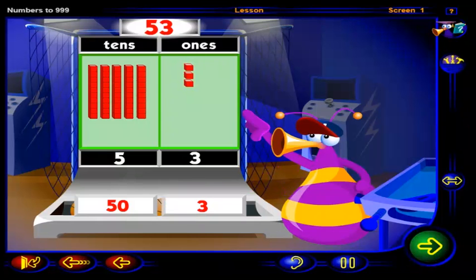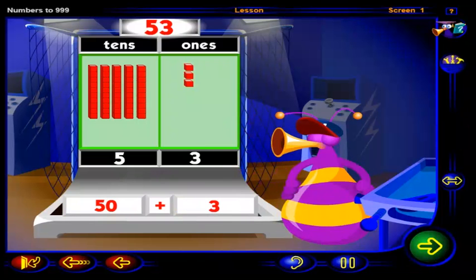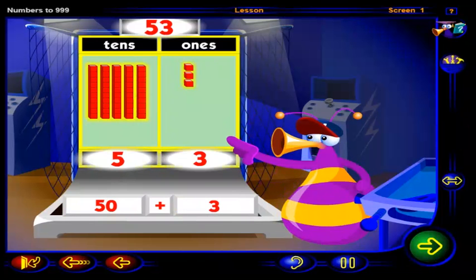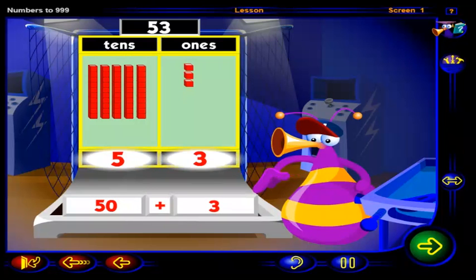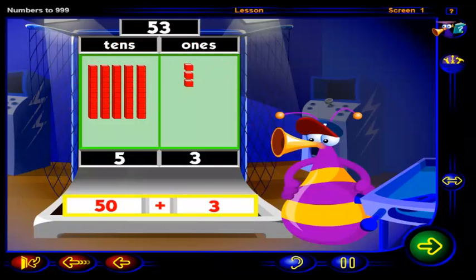Hey, this number is the sum of the values in each place. 50 plus 3 is the number 53. Click on this sum.